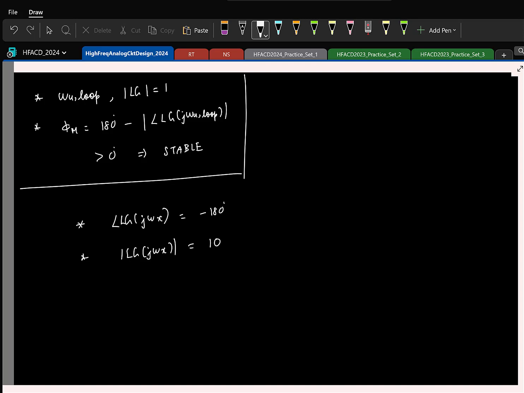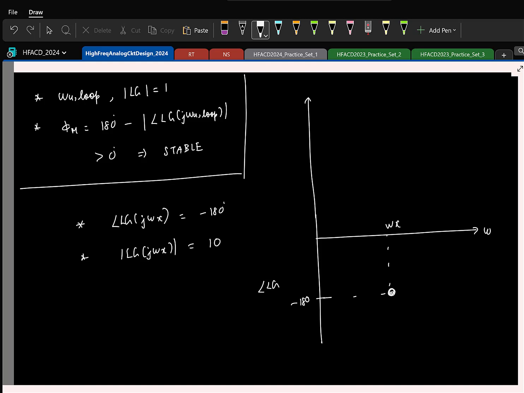So both of you are partially correct. The only thing that we know is this: when the magnitude is 1, if the phase is beyond minus 180, it is unstable. So the information I know is the following. If I sketch the phase plot, I know at some frequency omega x the phase is minus 180.